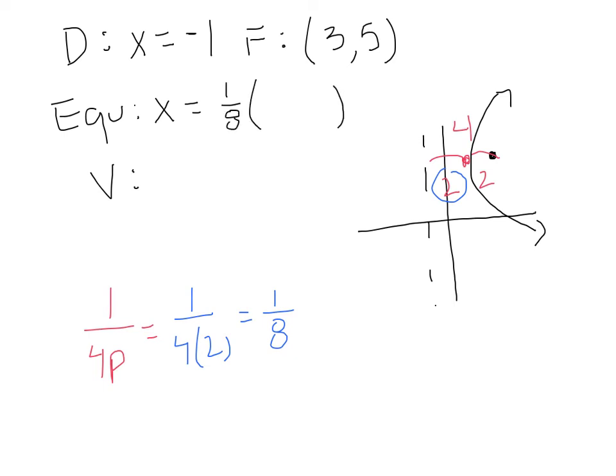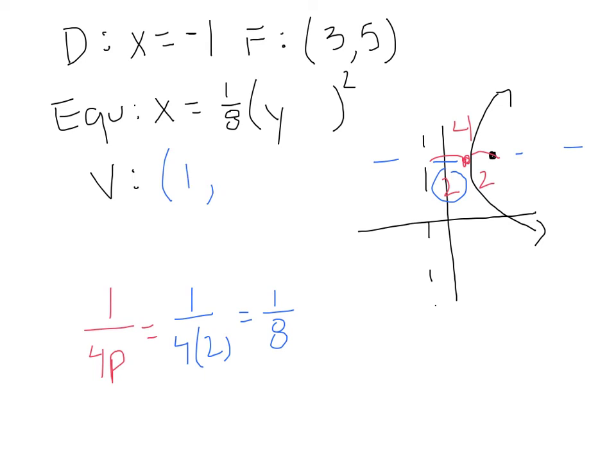times y minus k. Well, we can figure out what the vertex is based on what we already figured out. We know that the vertex is going to be along that same horizontal line with the focus. It is going to be 2 away from the directrix and 2 away from the focus. So in this case, our vertex is going to have an x value of 1.